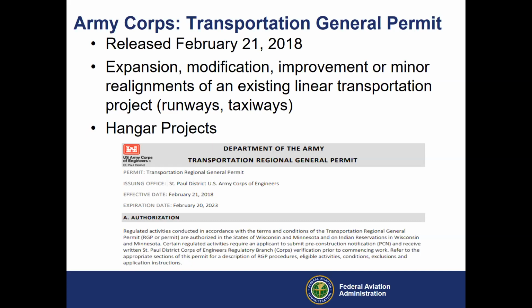I want to say the real benefit here is the way our regs are written is if there's a 1/2 acre of wetland impact for your project, let's say a runway project out there, it would be an automatic EA trigger because that coincides with the Corps' review for what would be an individual permit or a letter of permission.